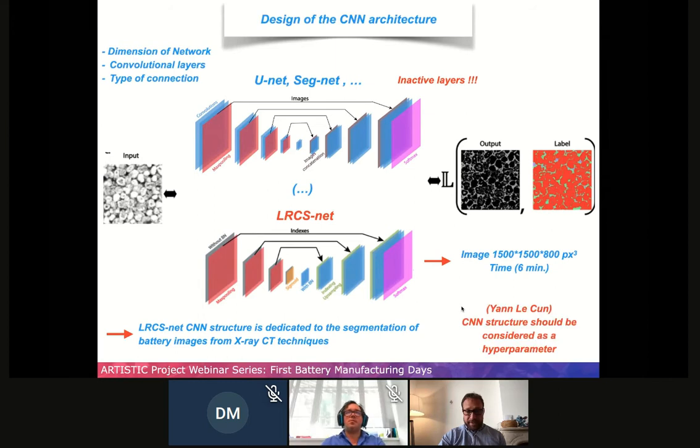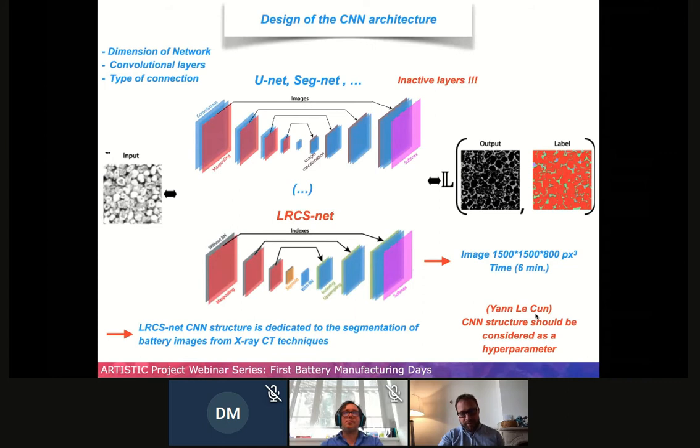So this aspect is very interesting, but again, you spend a lot of time to find the right architecture. So if you go to one of the first guys who developed this CNN structure, Yann LeCun, he proposed simply to consider the CNN structure as a basic hyperparameter.